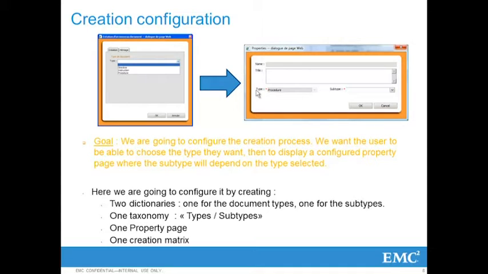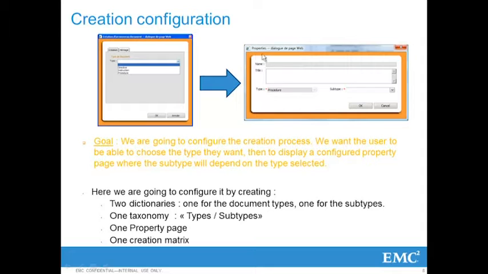To be able to do that, we have to go through 4 steps. First, we have to create dictionaries. We will actually create 2 dictionaries, one for the document types, one for the document subtypes. Then we will create a taxonomy, type subtype, in order to link the type and the subtype combo in this property page.